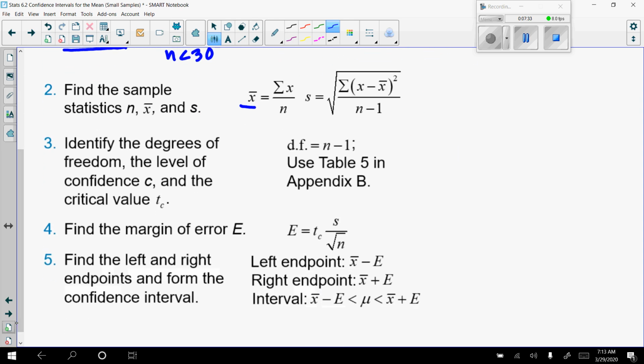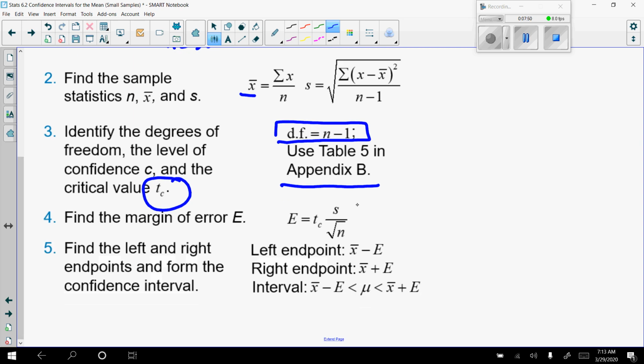Okay, find your sample mean, identify the degrees of freedom, and then find that critical value using the tables in the back of your book. Then find your margin of error. It's the same exact formula, except that it has t sub c instead of z sub c. And then find the interval, which is the same exact formula also.